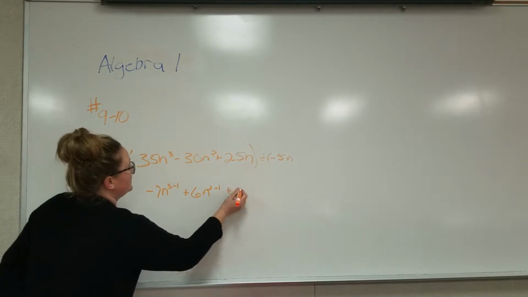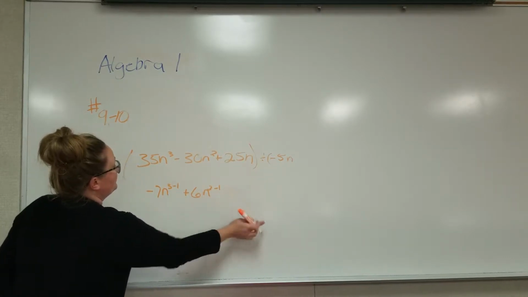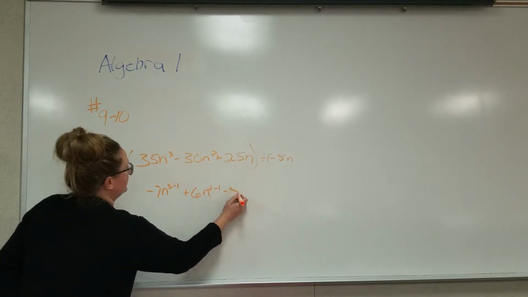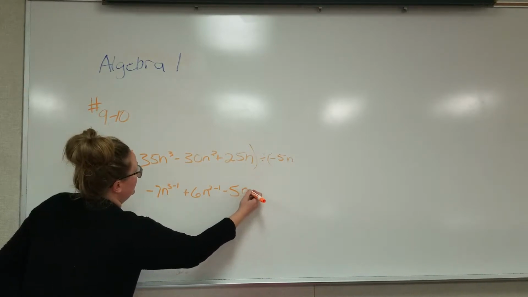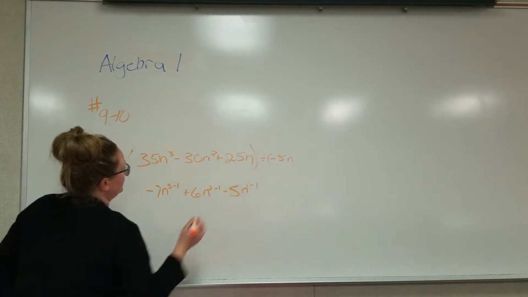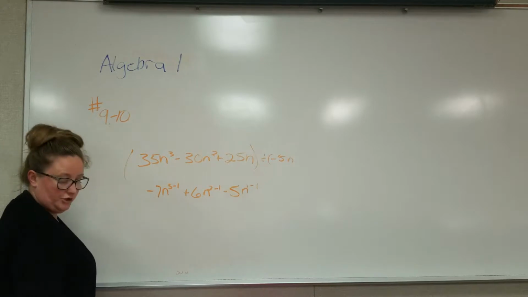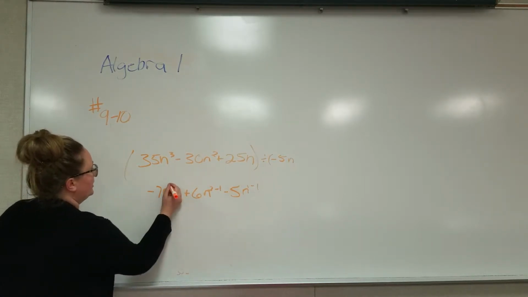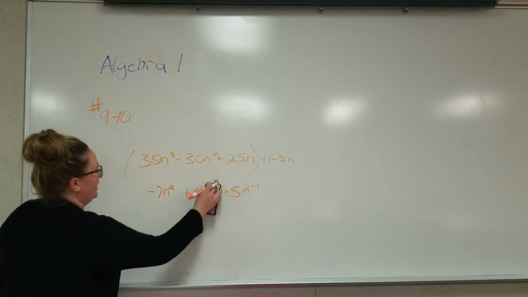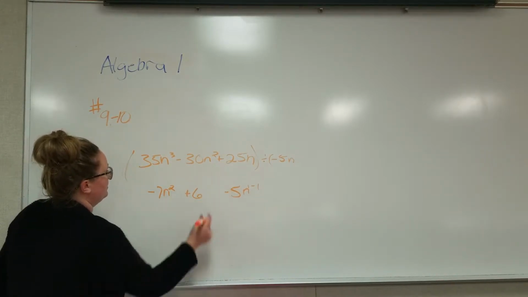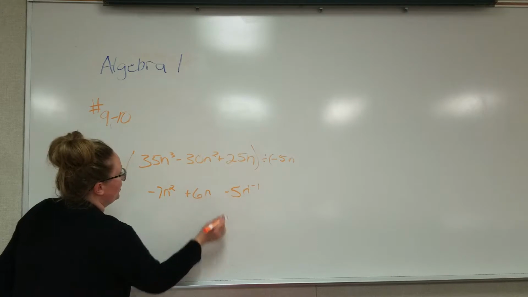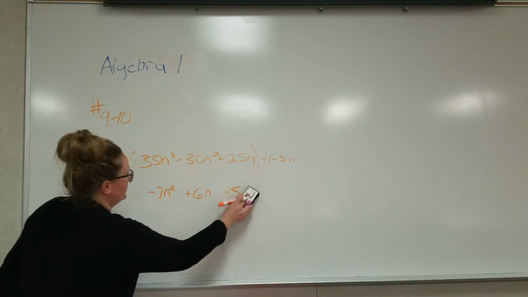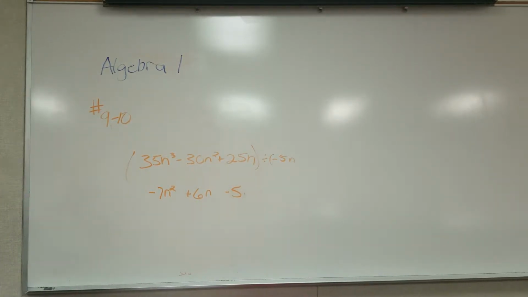And then last is +25 divided by -5, which gives you a -5, and it's going to be m to the 1 minus 1. All right, so it should be 3 minus 1 is 2, and you don't have to write this out. If you can do it in your head, you can do it in the first step. That's absolutely fine with me. 2 minus 1 is 1, and then this one cancels completely. So it'd be -7m squared plus 6m minus 5.